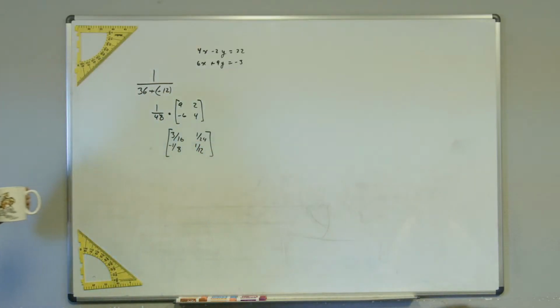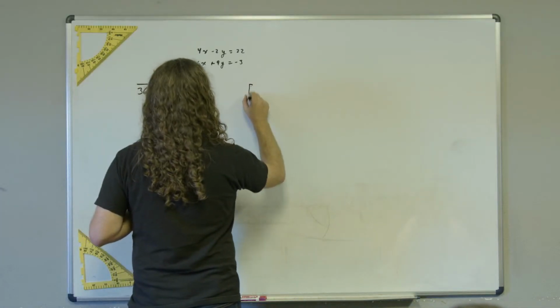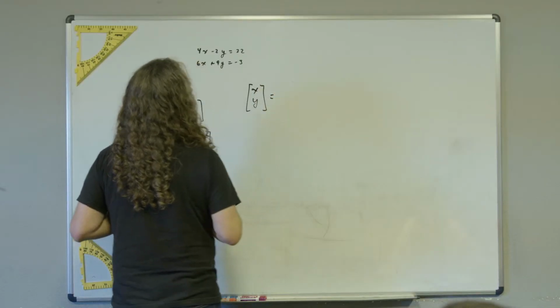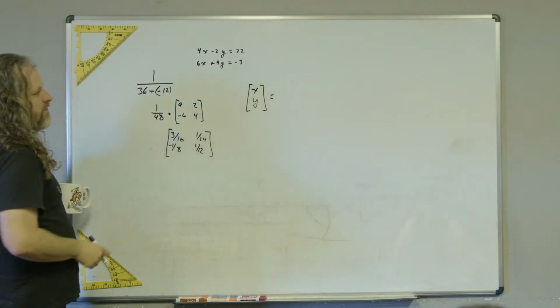You multiply that times 22 and then -3. What? You have to divide it. Multiply both sides by the inverse, right? Yeah. So which side does this go on?